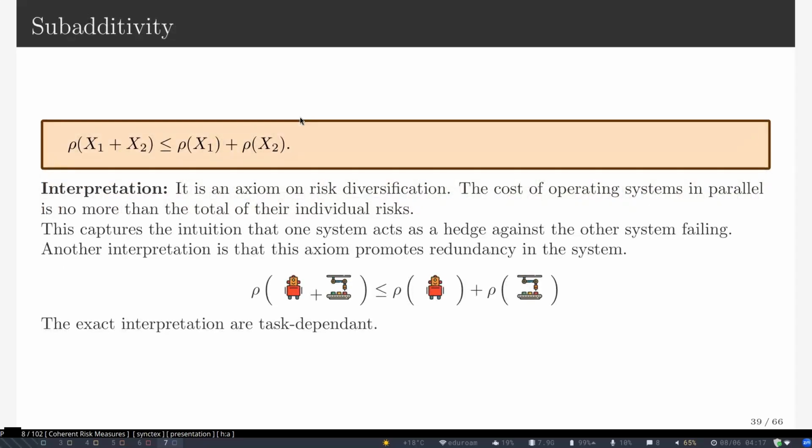This is the least straightforward one. It's risk diversification. If you diversify, if you hedge, your total risk is better than running things individually. Of course, other interpretations are possible.